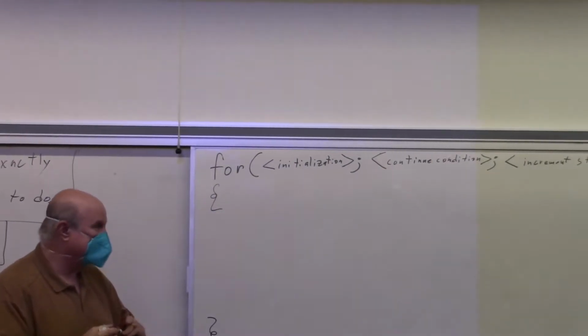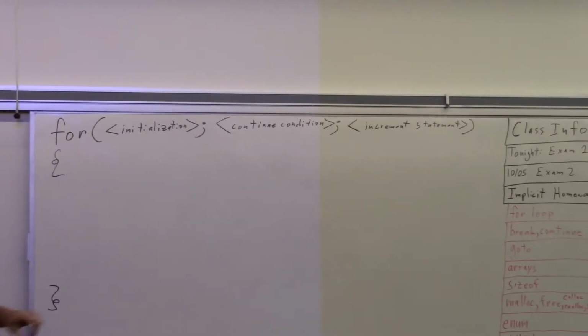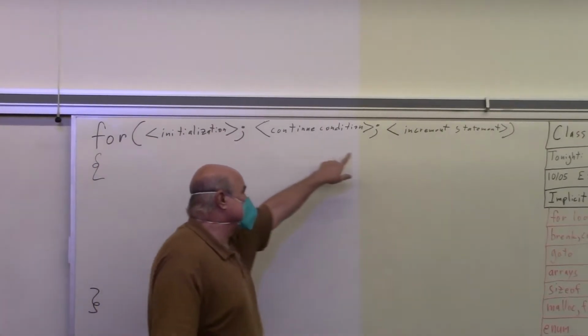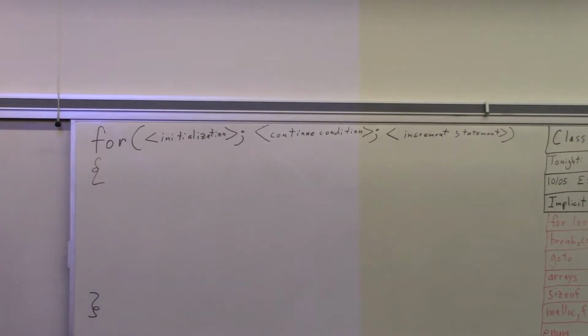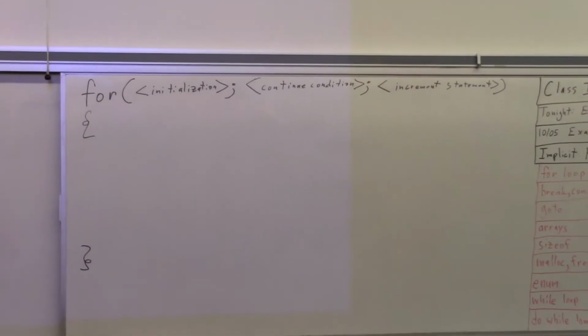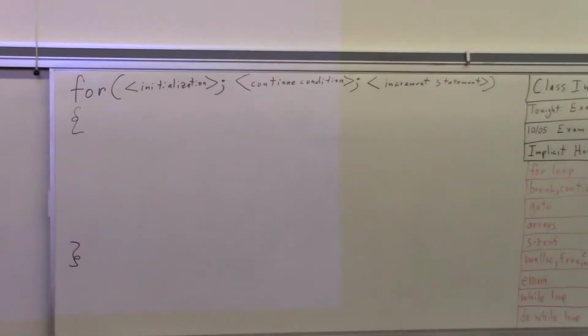This is the format of a for loop. You have three parts separated by two semicolons. The first part is initialization, which is just a statement that gets executed. It doesn't even have to initialize anything to do with the for loop. It can be a statement that you just execute. It is almost always used to actually initialize the for loop. I'm going to show you the typical example in a moment.